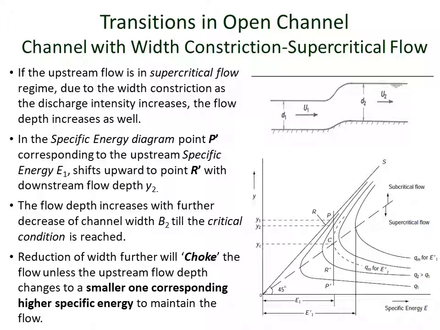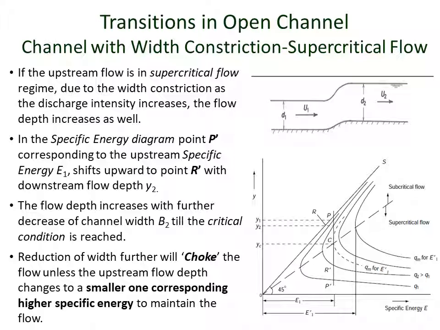So of course, when the upstream flow is in a supercritical flow regime with the given conditions, as the discharge intensity increases, the flow depth increases as well, because this is a supercritical flow.